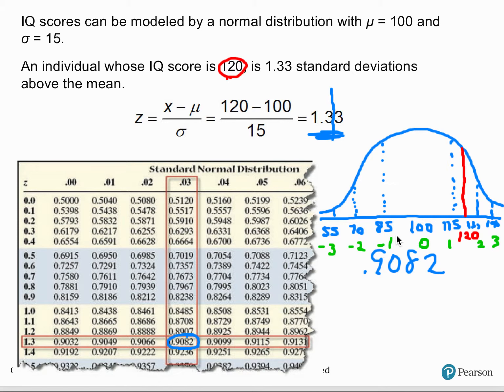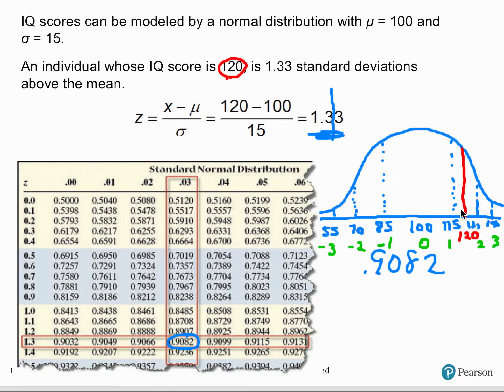So it might be useful to put both. Sometimes you're only going to have your z-score, so you can't put both. But if you have your actual data values, it might be helpful to put those, and in addition, your z-scores.